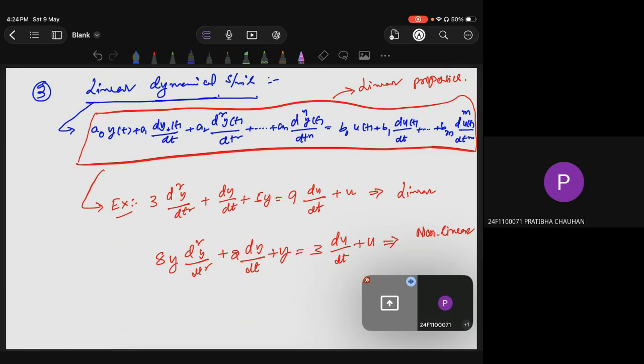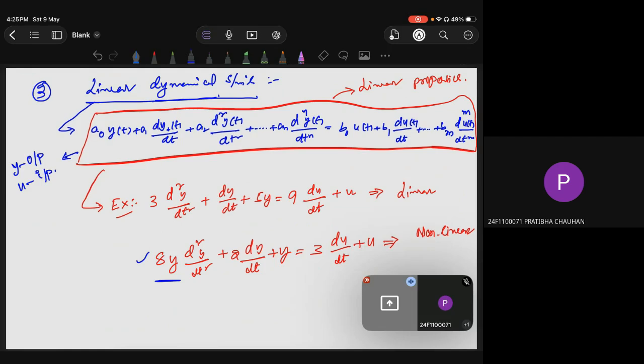Because of this term. If you simply verify both the properties of linearity, that is additivity and homogeneity, this system will turn out to be non-linear. Where here, of course, in this equation, y is the output and u is the input.